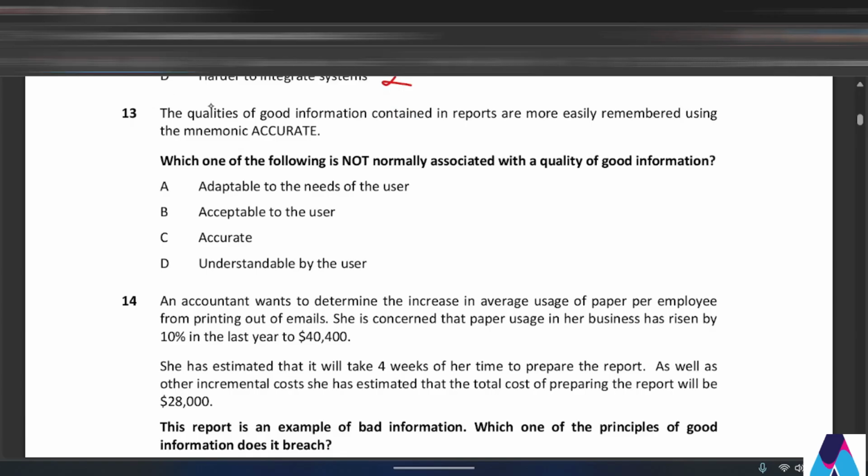Question number 13 says the qualities of good information contained in reports are more easily remembered using the mnemonic ACCURATE. Yes, so you guys would know this. ACCURATE, right? Not the first time you'll be seeing it, right? Because this has been taught from a very basic level, right?